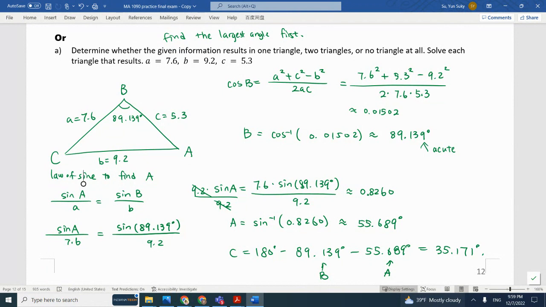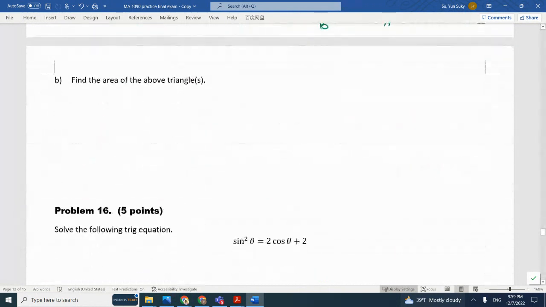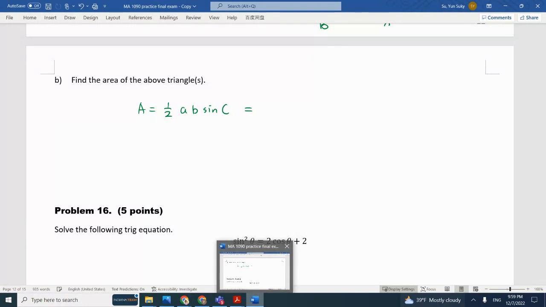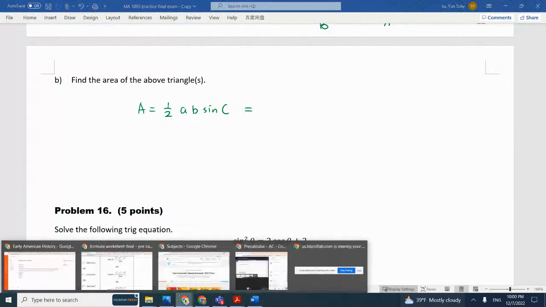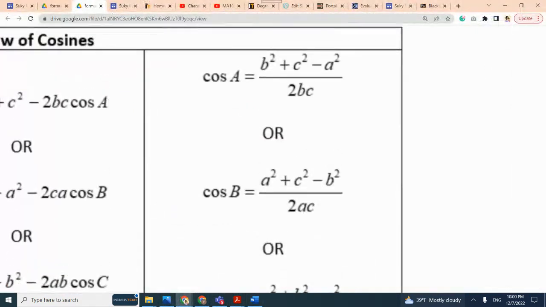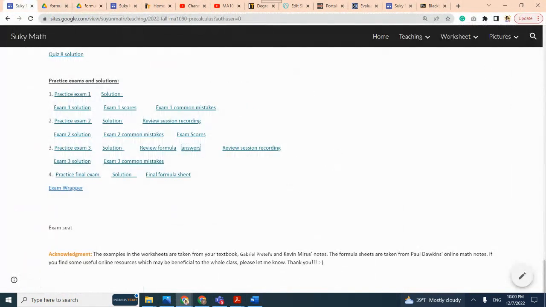Now how to find the area of the triangle? After we solve all the sides and all the angles, you can use the formula again, 1/2 ab sine C. Or for this problem, because we were given all the sides, you can also use the formula we talked about when you know all three sides.